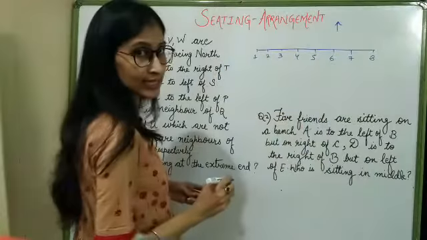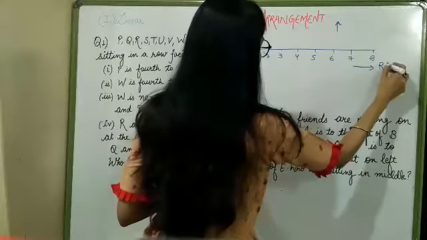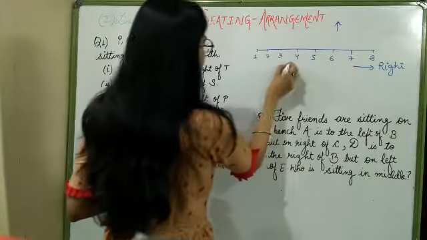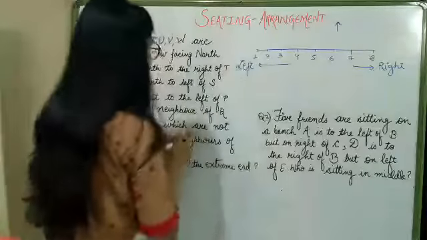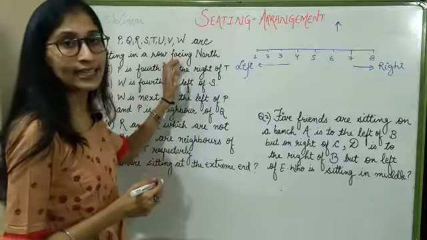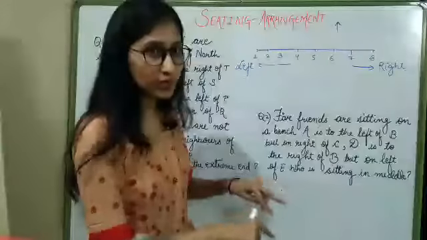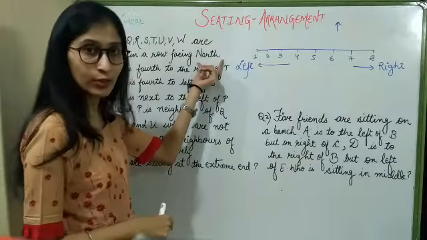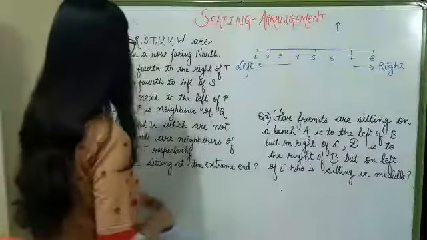Their face is this side, so this will be my right direction and this will be my left. If it is written that they are facing south, then my right and left will get reversed. So it is important to note in which direction they are facing.